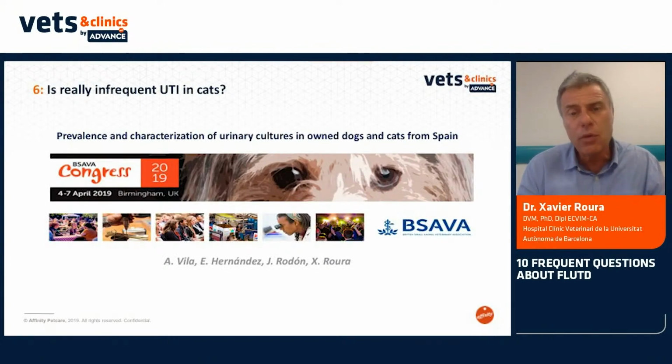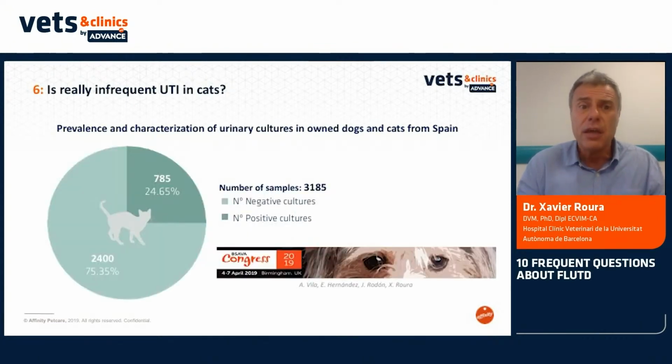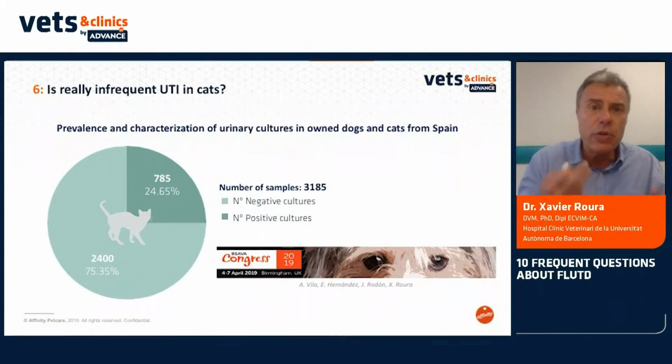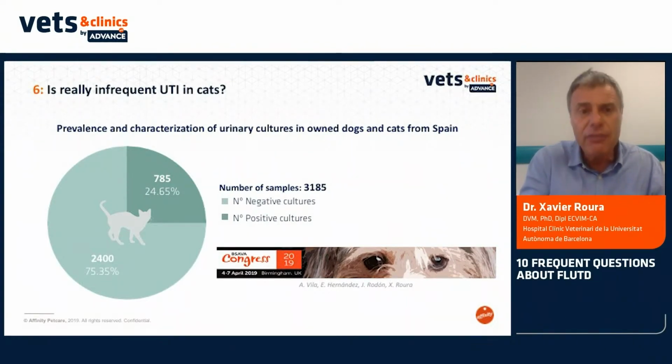We did this study 2 years ago, and we presented it in 2019. In this study, evaluating urinary cultures in dogs and cats, we found that in cats close to 25%, so 1 out of 4 cats that arrive at our clinics with clinical signs of potential urinary tract infection, have a real infection.